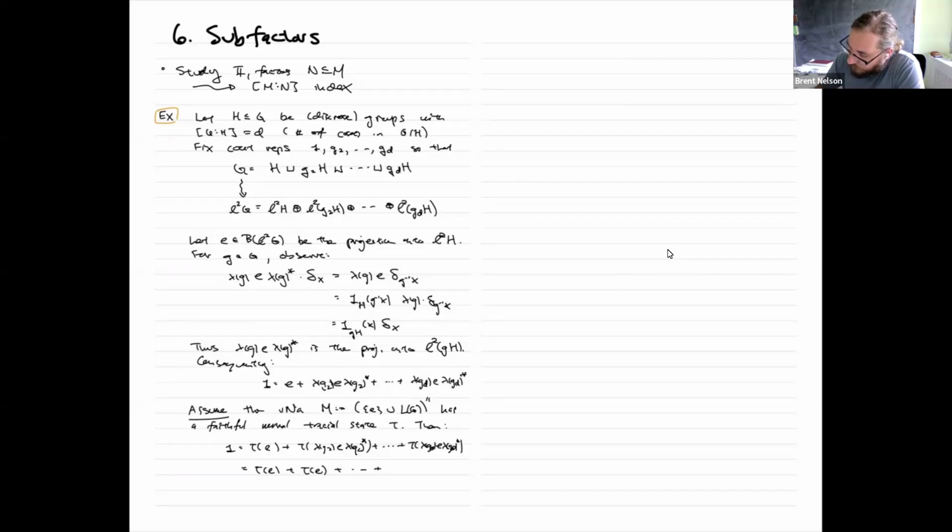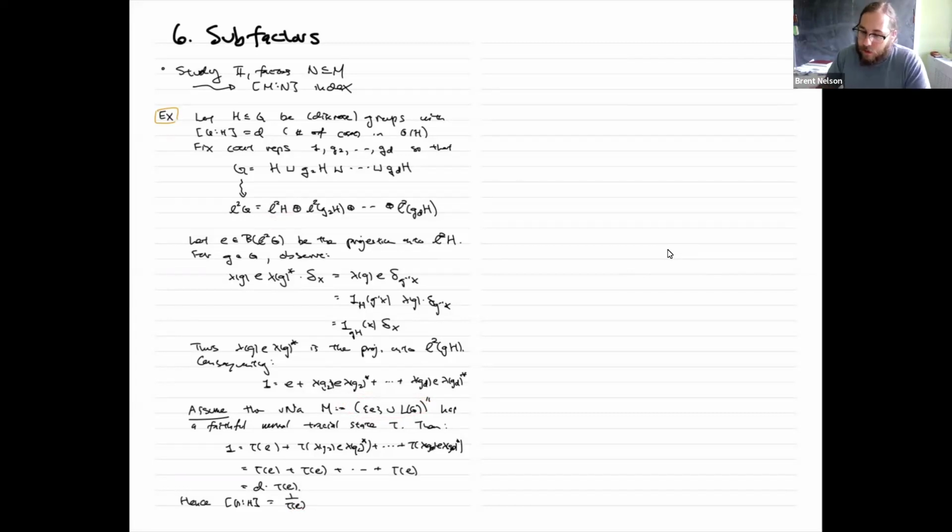I can do that for each term to reduce it just to tau of E. How many terms were there? There were D of them, exactly the index of G inside of H, times tau of E. So in this case, our index for G inside of H, solving for it in this equation, we can write as 1 over tau of E, where tau is this trace that we're assuming exists on this von Neumann algebra, and E was this special projection onto this particular subspace.